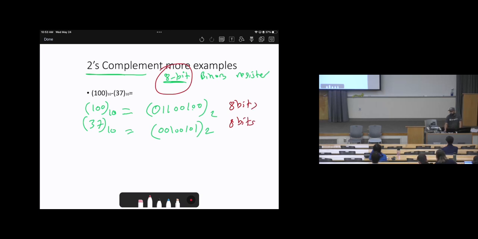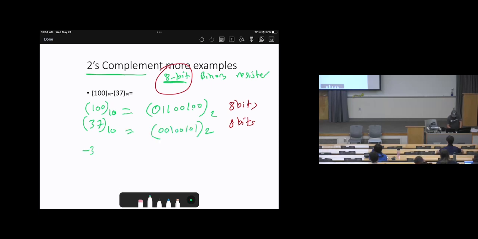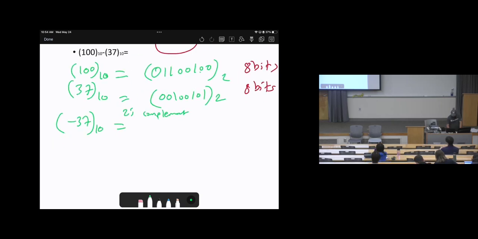Okay, so far so good? Now, we need to do the subtraction. In order to do the subtraction, we need to represent the negative 37. How to represent the negative 37 in binary using the 2's complement? Basically, find the 1's complement for this number first, then add 1.